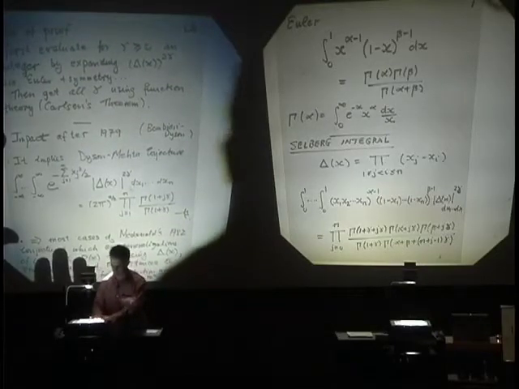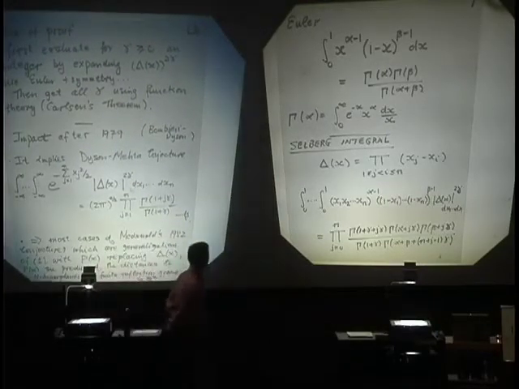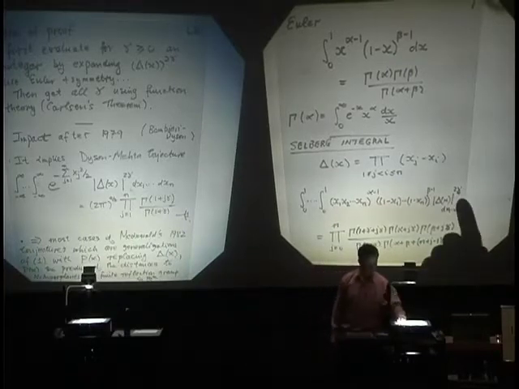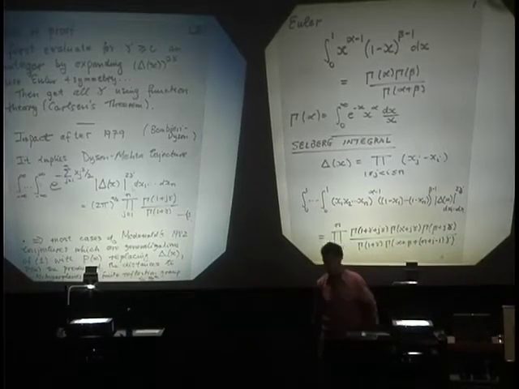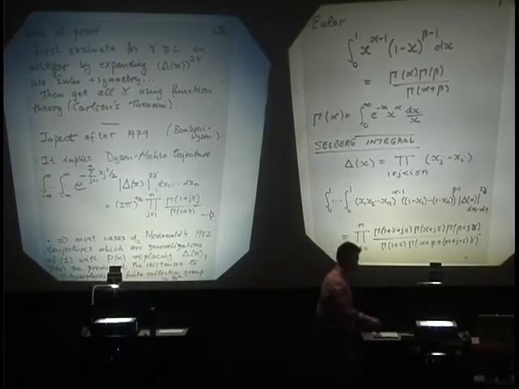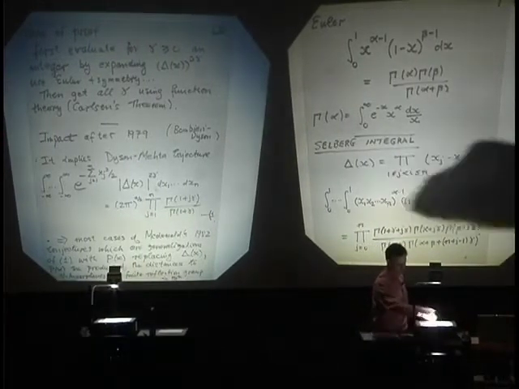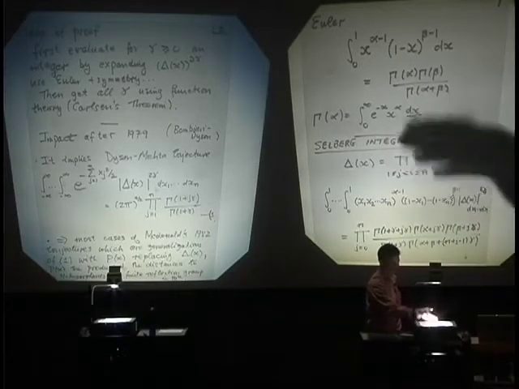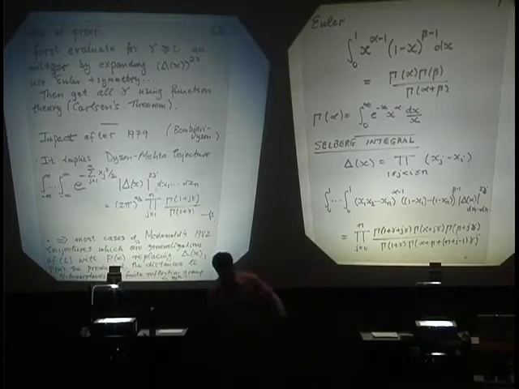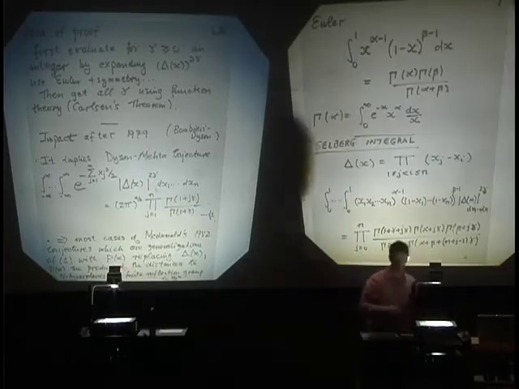Let me say a word about the proof, because it was kind of beautiful, simple. So if gamma is an integer, you expand the left-hand side, and you get a function which you can actually evaluate for all alpha and beta where it makes sense, using actually this Euler integral.